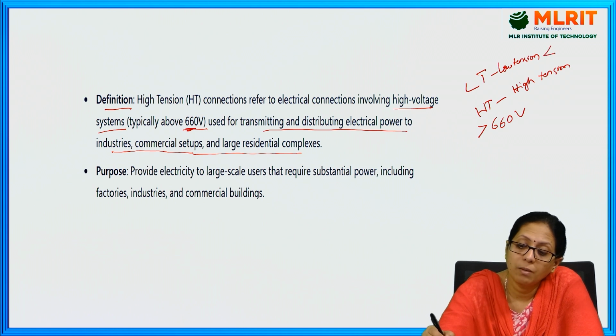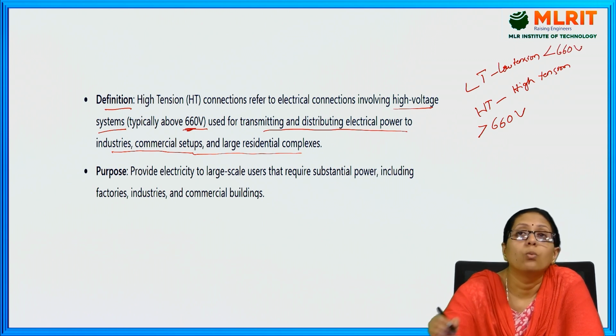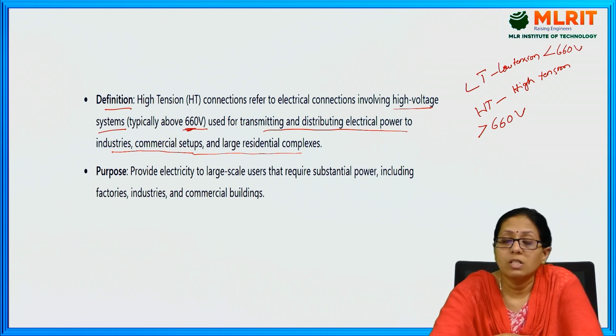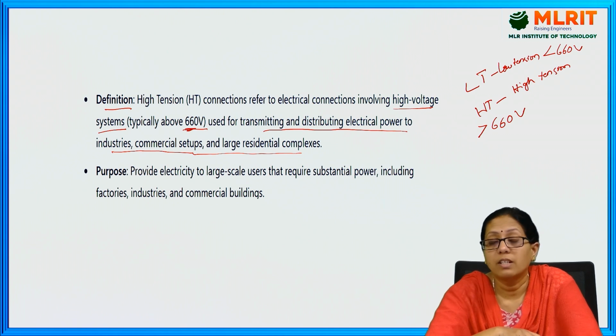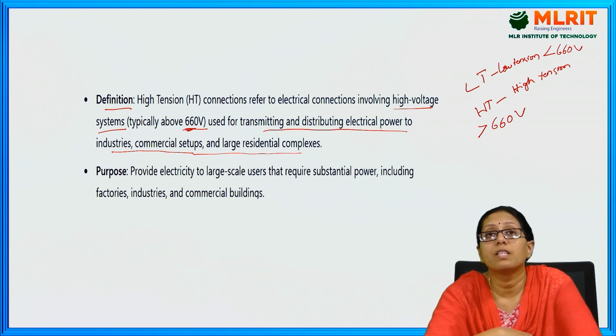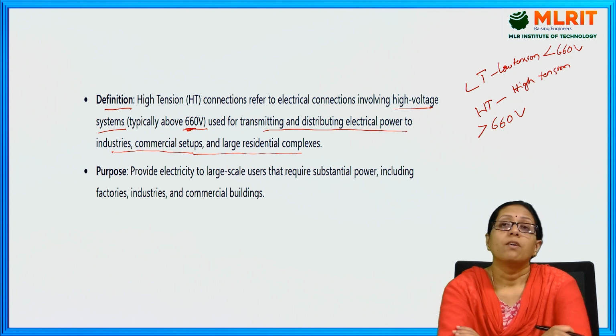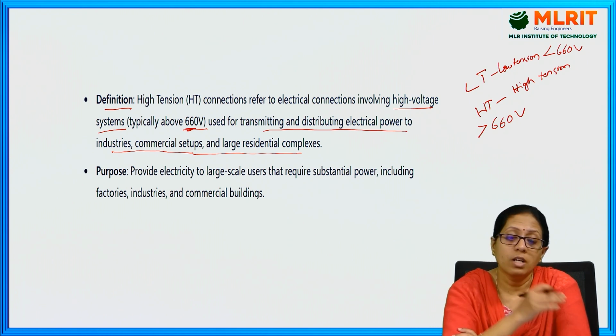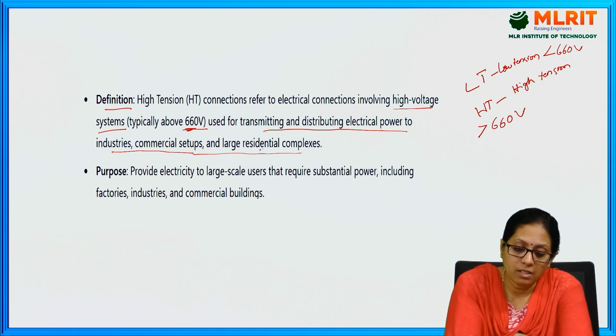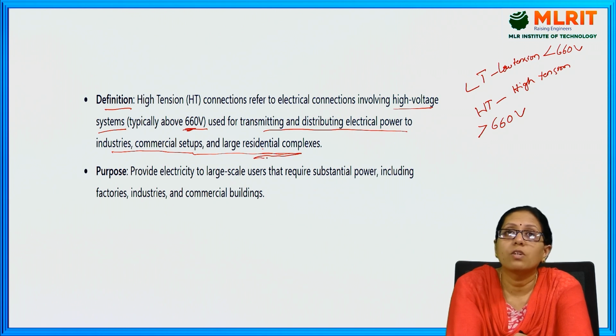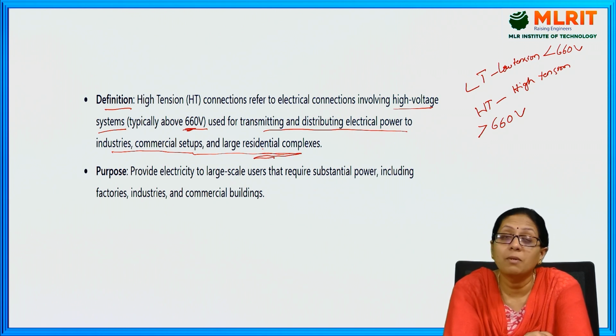Low tension will be below 660 volts. So mostly the low tension wires, that is LT wires, are used for residential purposes where the voltage is very less, and HT connection is mostly used for residential complexes, not for individual houses, as well as commercial areas as well as the industries.